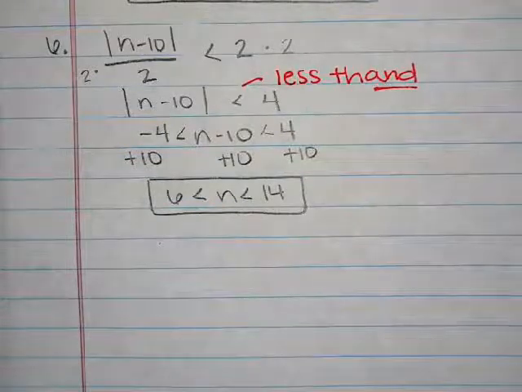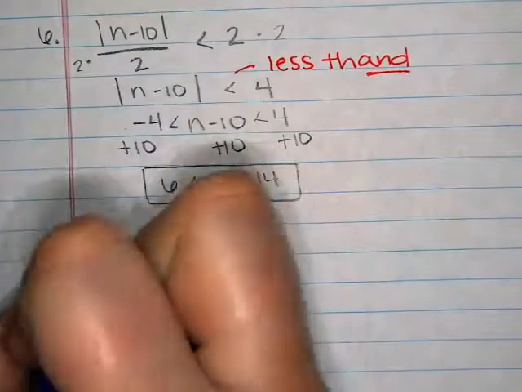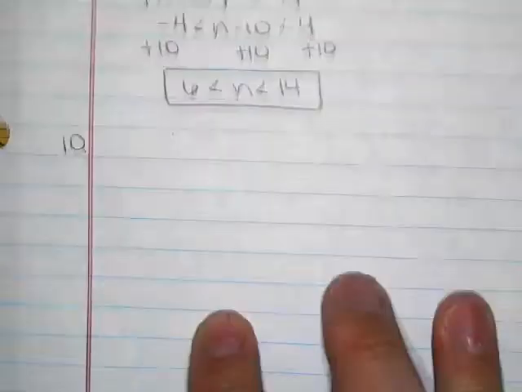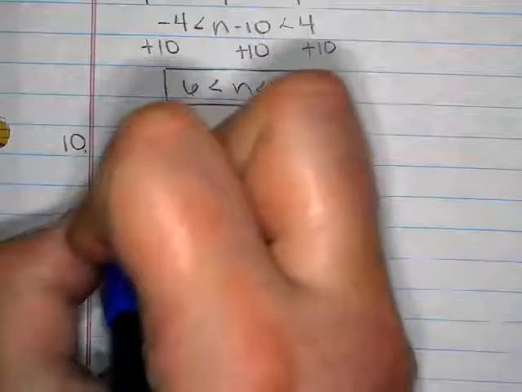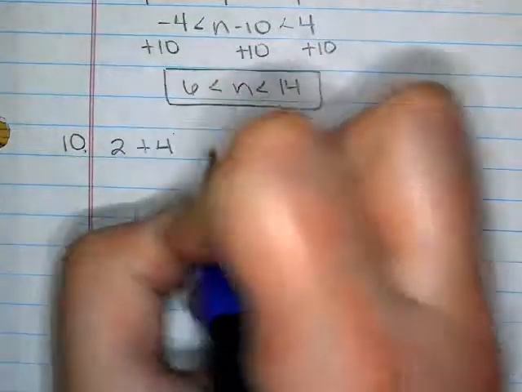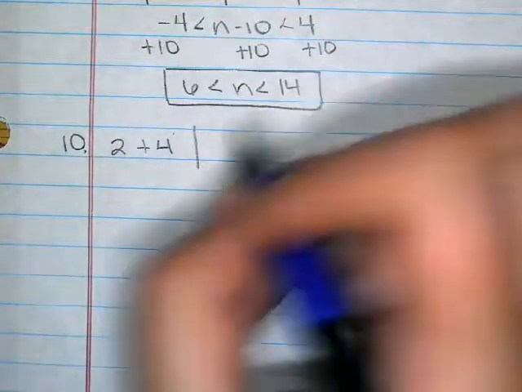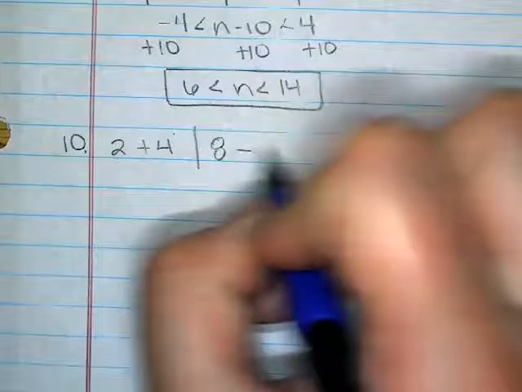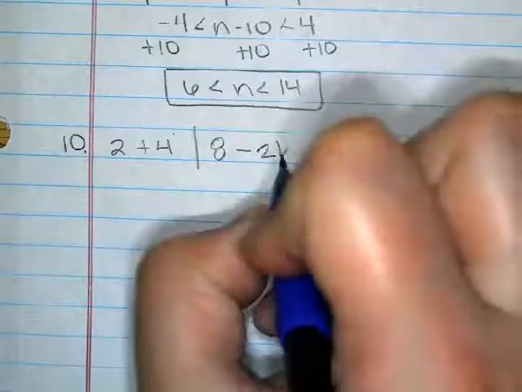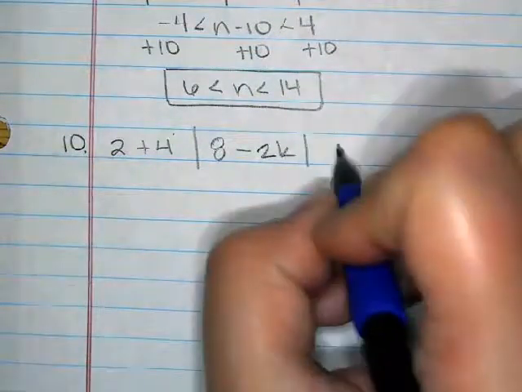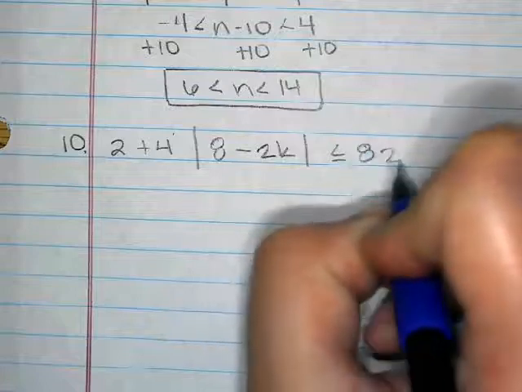So if we do number 10, we have 2 plus 4 times the absolute value of 8 minus 2k is less than or equal to 82. Okay.